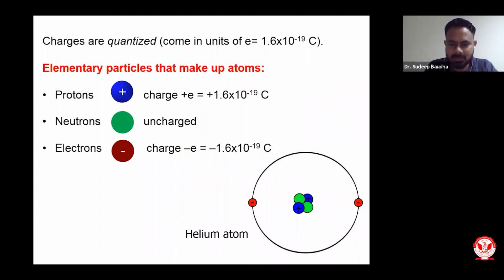Now, as I already said, positive charges attract negative charges. So the positive charge of protons, which is equivalent to the total negative charge of the electrons, will attract with a larger force. Due to this, the electrons get bound to the protons, and we have a very stable geometry.